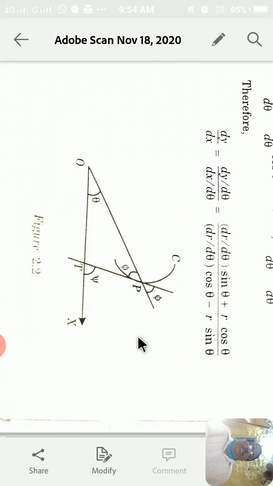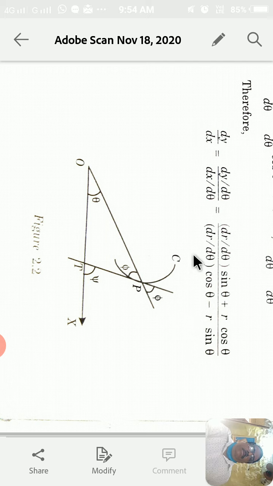Now we divide this whole equation by dr by d theta into cos theta, dividing both the numerator and the denominator by the same thing. In the first term, dr by d theta cancels, so sin theta by cos theta becomes tan theta, plus, dividing r cos theta by dr by d theta into cos theta, cos theta cancels and we get r divided by dr by d theta.